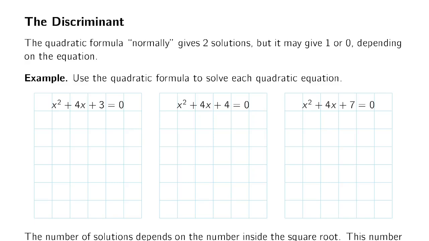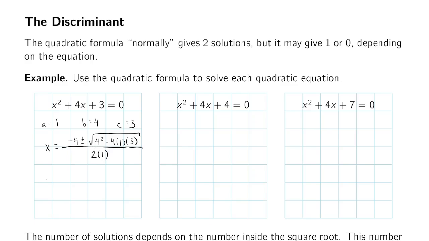So in this first example, we have x squared plus 4x plus 3 equals 0. So a is 1, b is 4, c is 3, and we'll get x is negative 4 plus or minus the square root of 4 squared minus 4 times 1 times 3, all over 2 times 1.